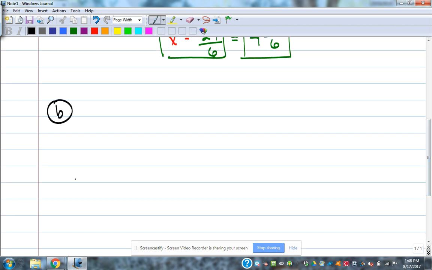All right. Next one, 4 parentheses 2 plus 3r minus 5r equals 73. Okay. So this is like what we did last week. Still integers, no fractions in the problem. What's the first step?